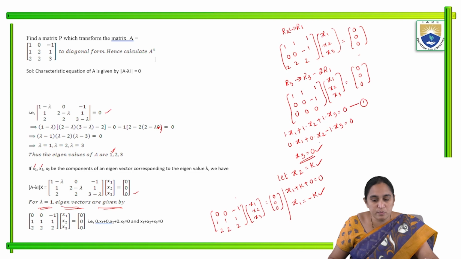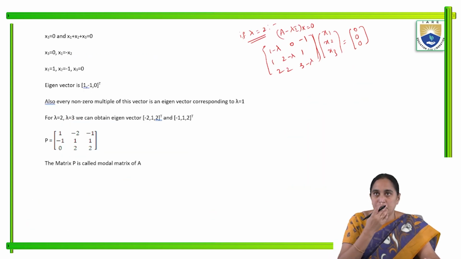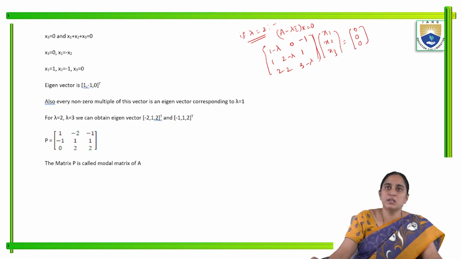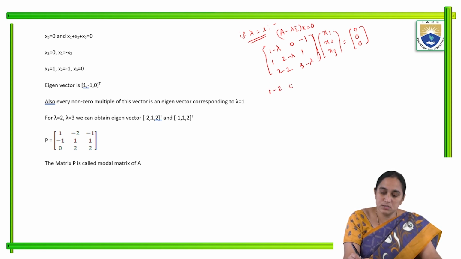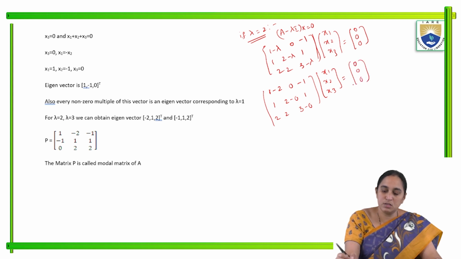Into the unknown column vector capital X, which I'm assuming as x1, x2, x3. Okay, from that here, what about the lambda value? I'm substituting there. That is 1 minus 2, 0, minus 1, 1, 2 minus 2, 1, 2, 2, 3 minus 2, into x1, x2, x3 is equal to the 0, 0, 0 form.